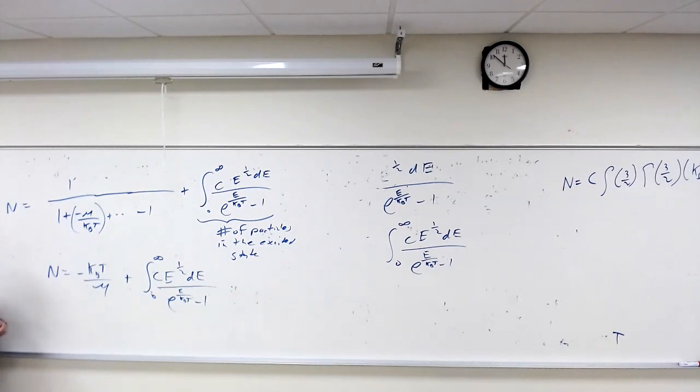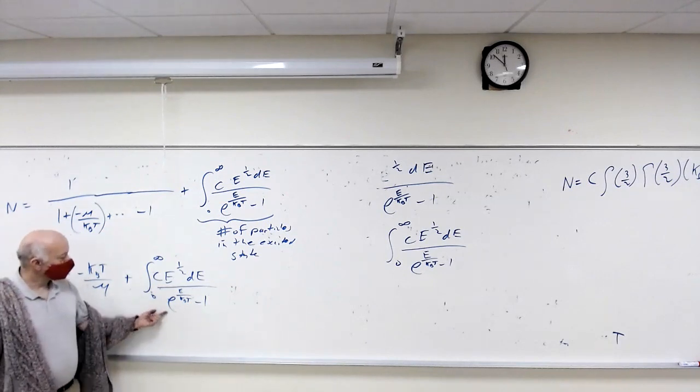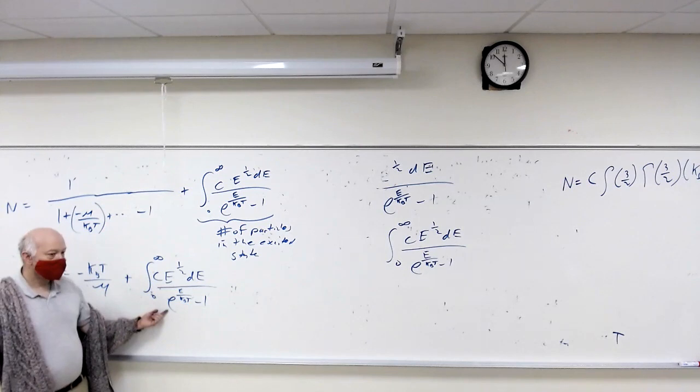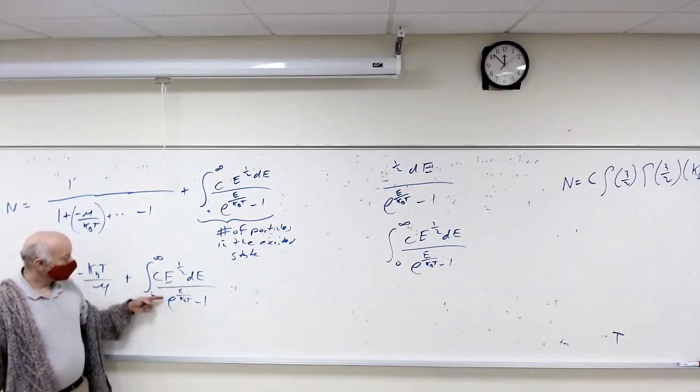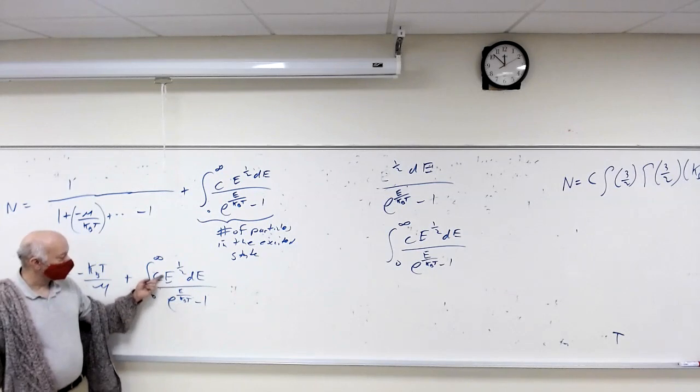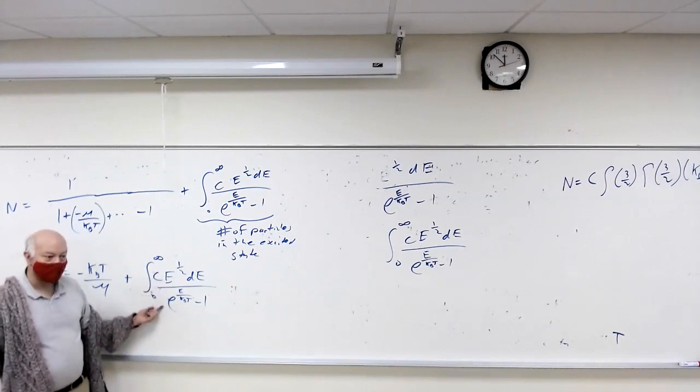Okay. So what's going to happen here is that as your temperature decreases, what happens to this term here? That blows up. And the bottom goes to zero, so you're going to basically have this over something large. So this is going to go to 0.